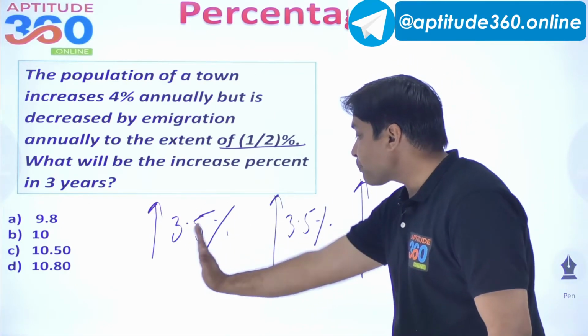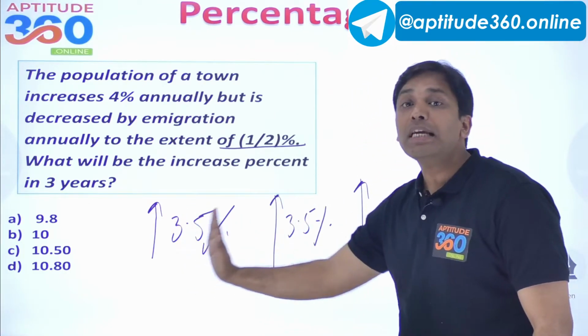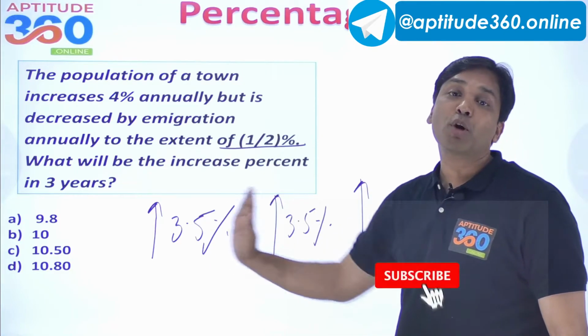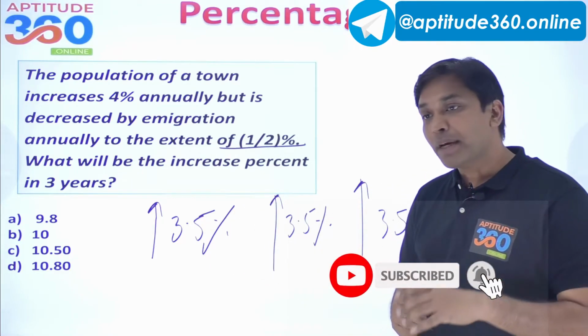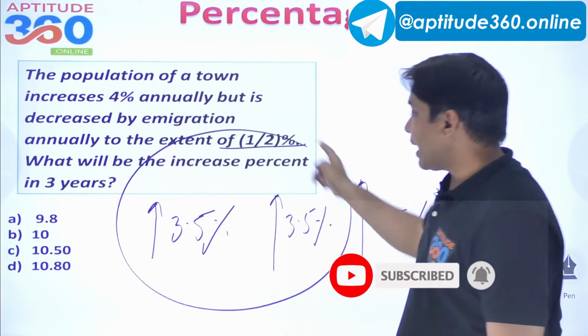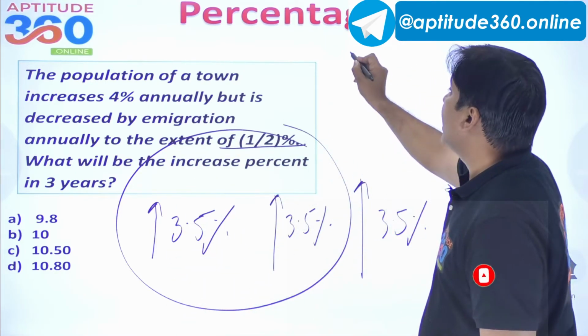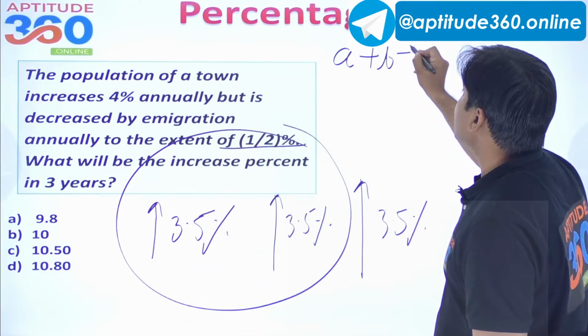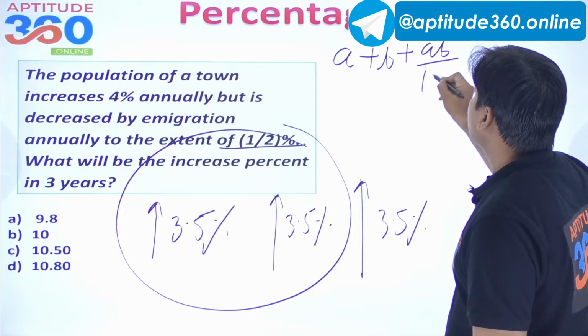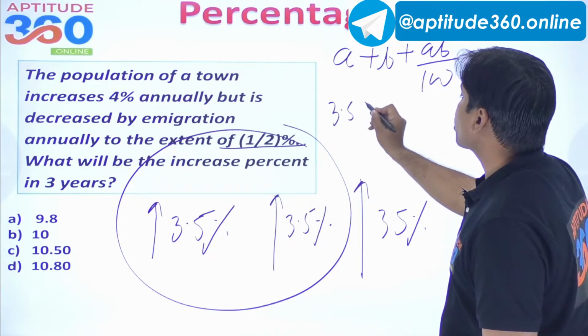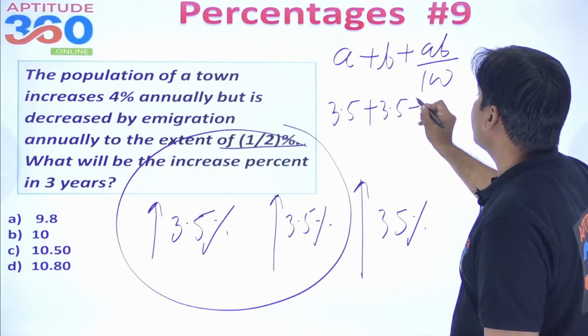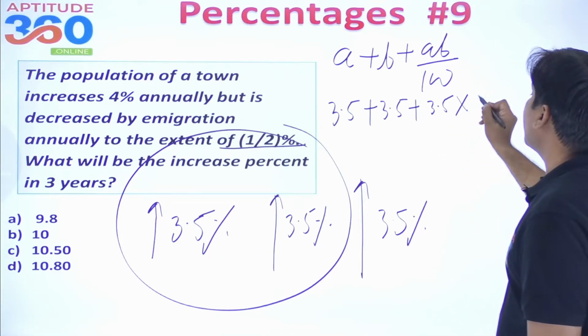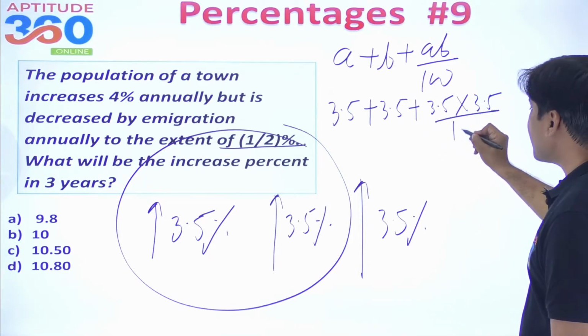And if that is so, see this, you have got 3 consecutive percentage changes of 3.5% each. What have you learned in the AB formula? That if this happens, because the AB formula is A plus B plus AB upon 100. So in this case it is 3.5 plus 3.5 plus 3.5 into 3.5 upon 100, something like this, isn't it?